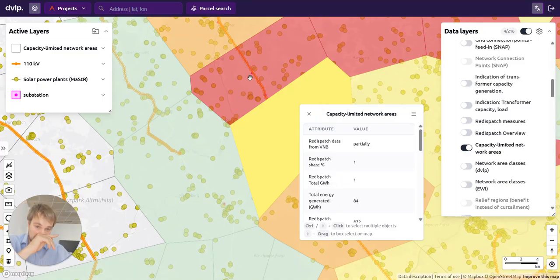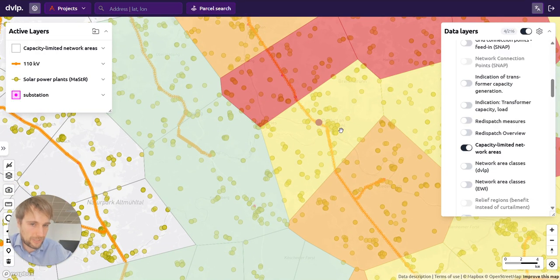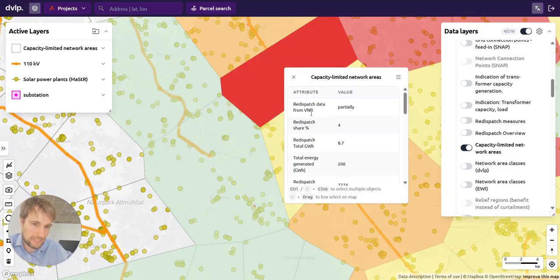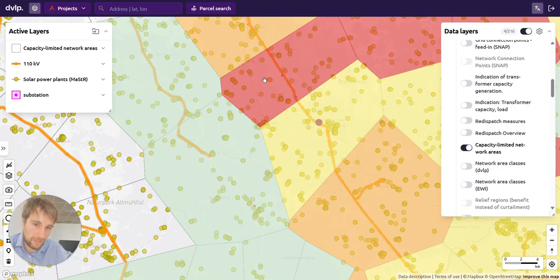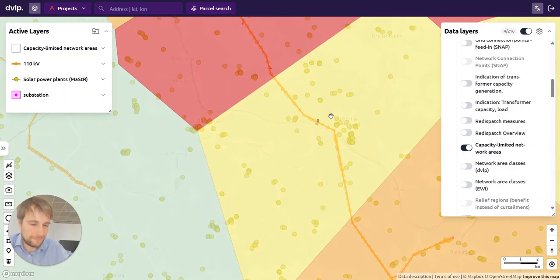So in our current area, we are at a redispatch share of roughly 1% of the potentially or theoretically available generation capacity, which is maybe a warning sign. The threshold is defined at 3%, which would be reached here in the north. So that would be a clear red flag. However, in this area, of course, there might also be a risk if the current law would turn into reality.